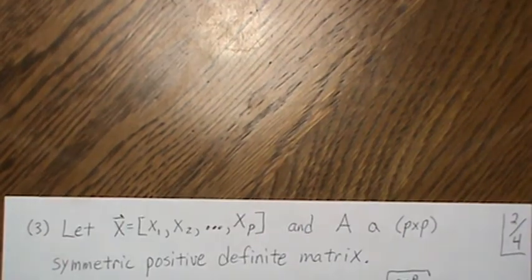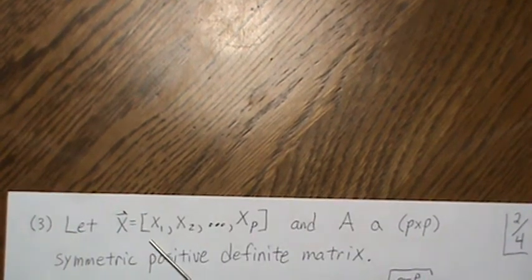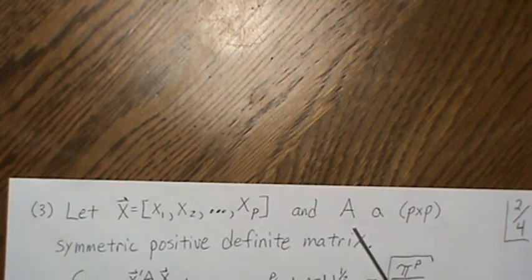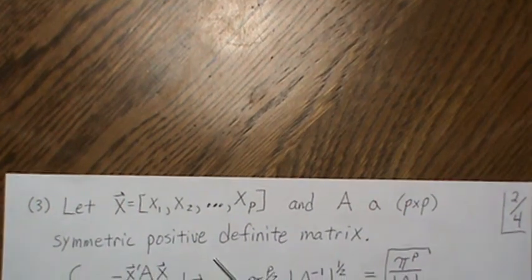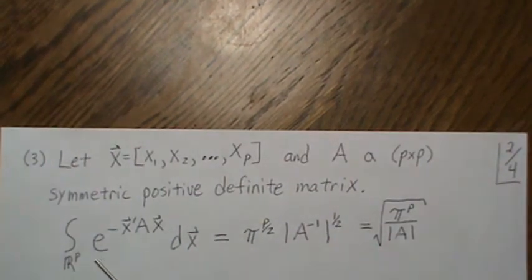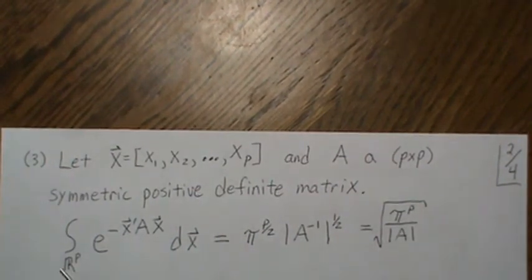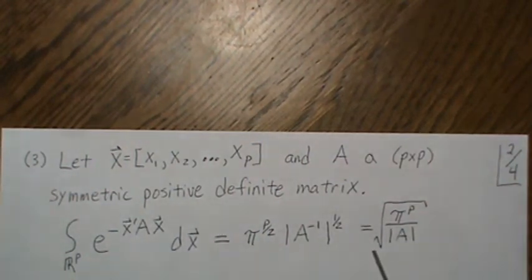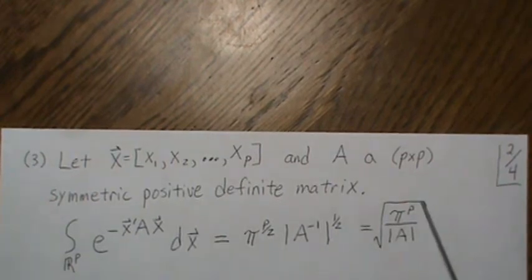So the third identity, let's let x be a vector, p dimensions, and A be a p by p symmetric positive definite matrix. We want to integrate this over the whole space, p dimensional space, and that is equal to this, where you can write it like this or like this.